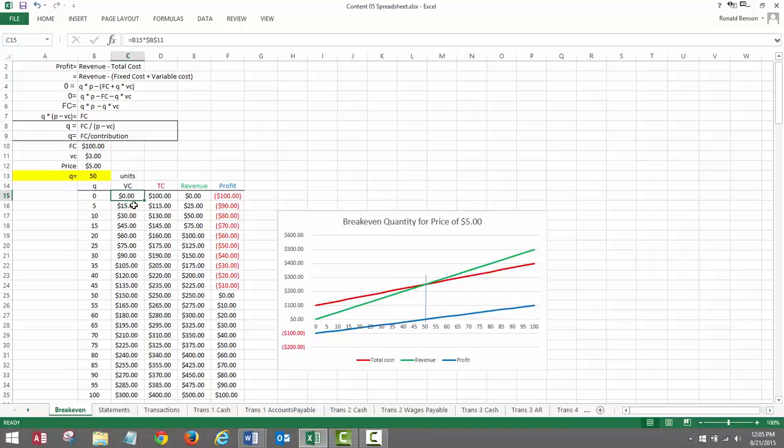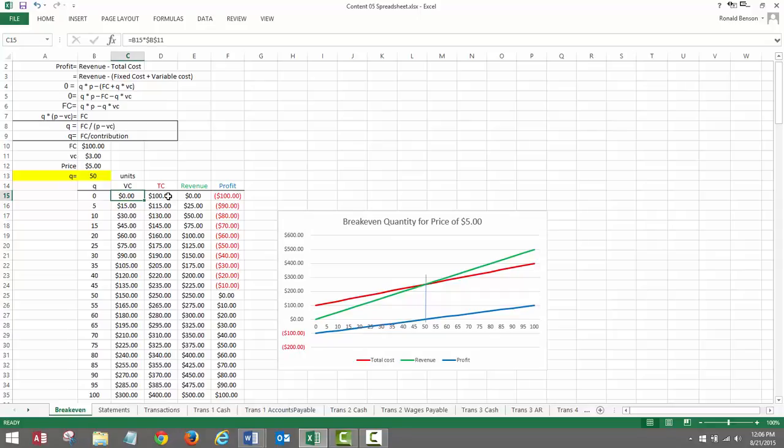Variable cost, the total variable cost is in capital letters, so it's a total for all units. We multiply the quantity, which is in this column, here it's 0, and B15, as it says here, times B11, which is the variable cost. And that's 0 for 0 quantity, 0 variable cost.